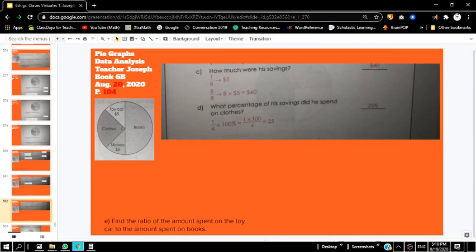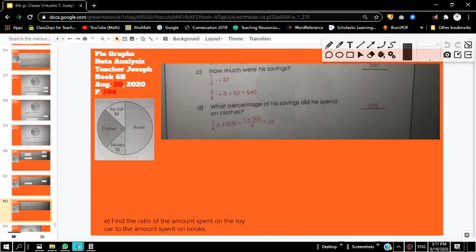Letter E says, find the ratio of the amount spent on the toy car to the amount spent on books. Let's check that out. So we have toy cars, which is $5, to the amount spent on books, which we know is, I'm sorry, not twice the amount.